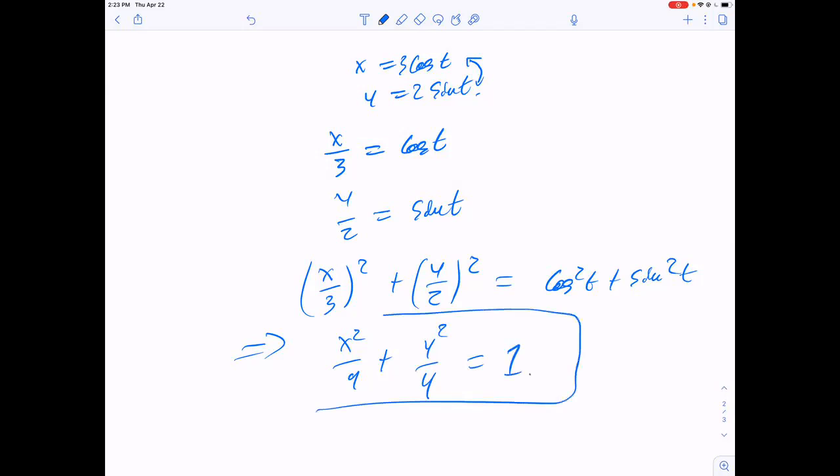Okay, so that's your Cartesian equation. And if you're curious what it looks like, it's an ellipse. So x goes from 3 to minus 3, and y goes from 2 to minus 2. And that gives us this guy.